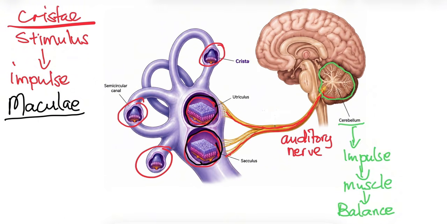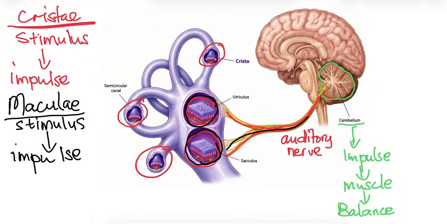We start off with the stimulus, and this stimulus is going to be converted by our maculae into a nerve impulse, and this nerve impulse is going to be transported through the same nerve. It's actually the vestibular branch of the auditory nerve.